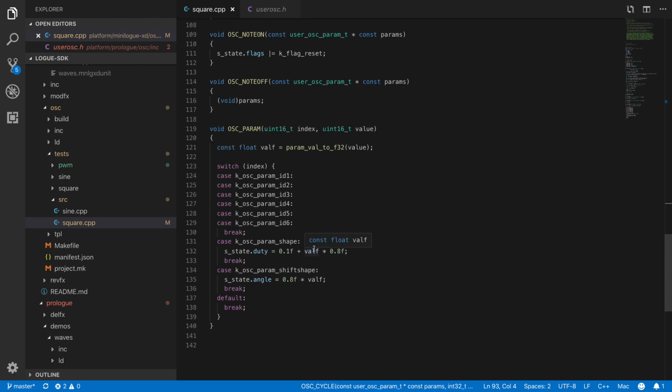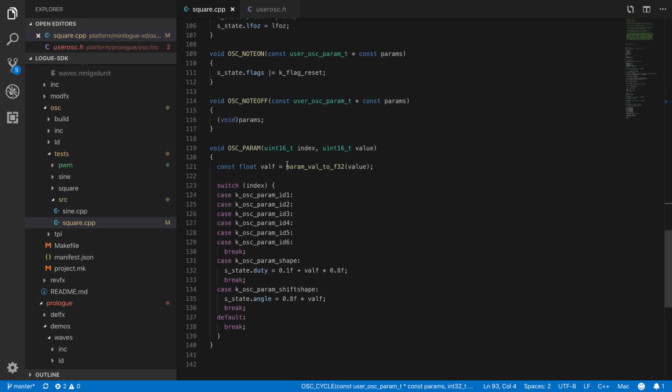Since the value is going to be in the range from 0 to 1, multiplying it by 0.8 will get you a value of 0 to 0.8, and then you add 0.1 to this. So the end result is going to be a duty variable from 0.1 to 0.9, so from 10% to 90%. This is how you limit this.